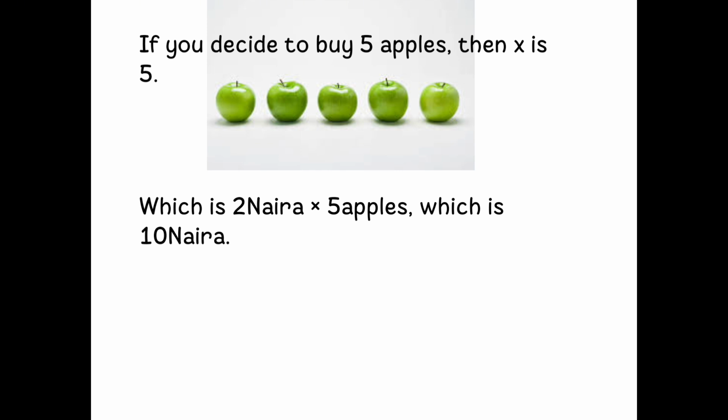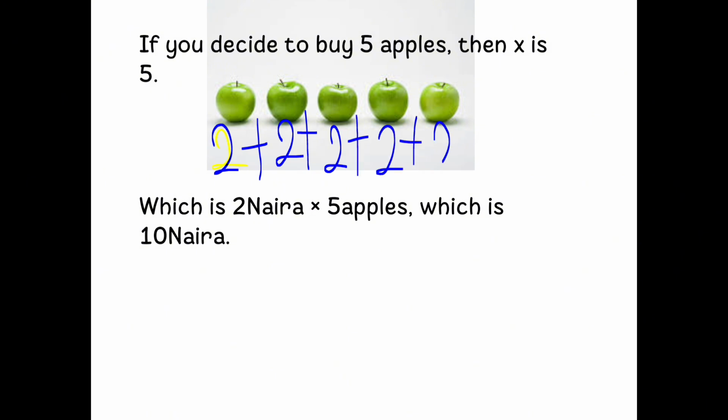For 5 apples, that indicates that 1 apple is 2 naira, right? Plus another apple 2 naira, plus another apple 2 naira, another one 2, and the fifth one 2, right? Altogether we have what? 10 naira for 5 apples.